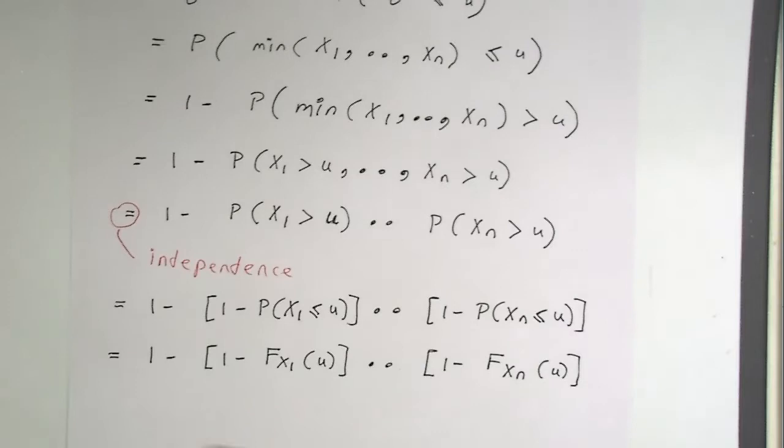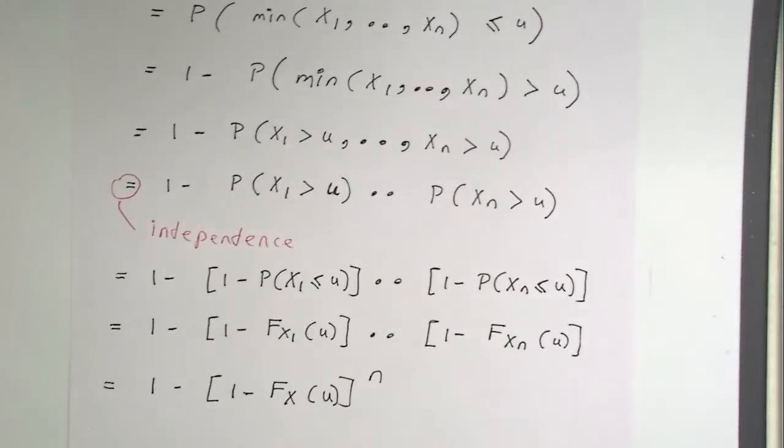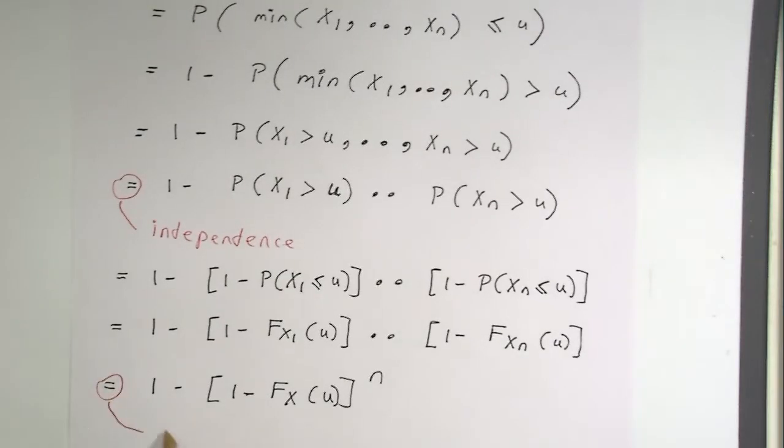And finally, because these are identically distributed, this is the same as, let me write it down first. This is the same as 1 minus F x u power n. That's because of identical.